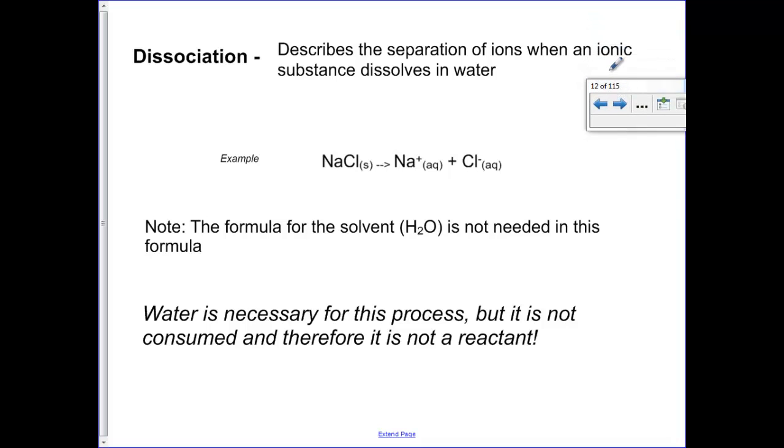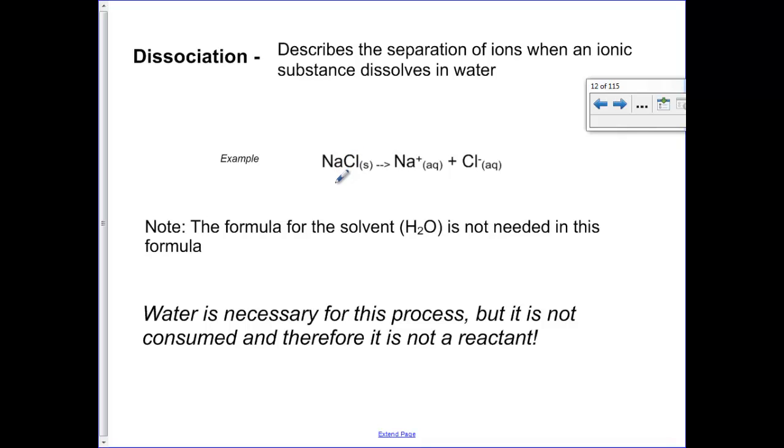Another definition for you then. Dissociation is a term I want to use. Dissociation describes the separation of ions. Usually we write these things as equations. Imagine you have NaCl. NaCl is sodium chloride, basically salt. What happens if you put salt in water? Will it dissolve?